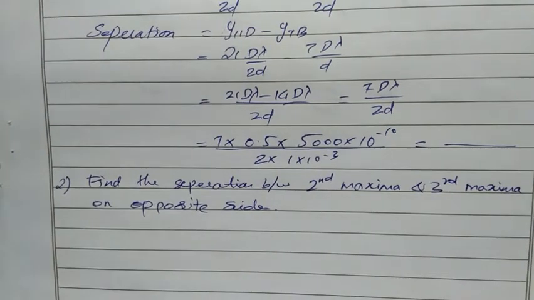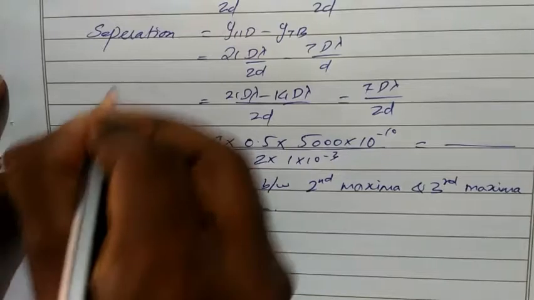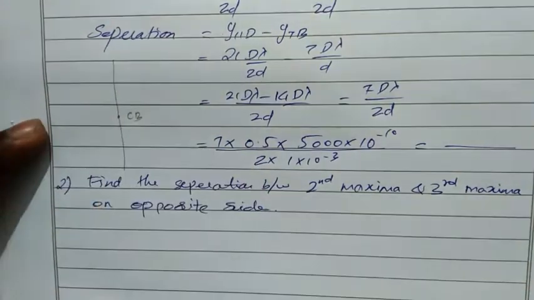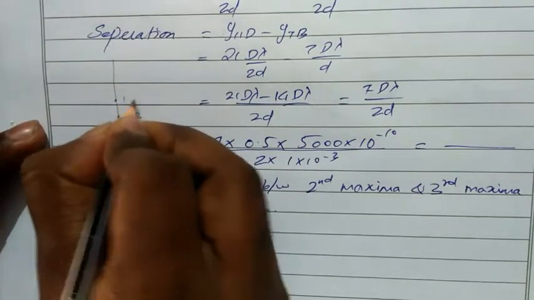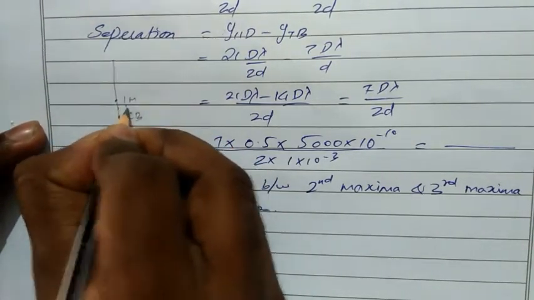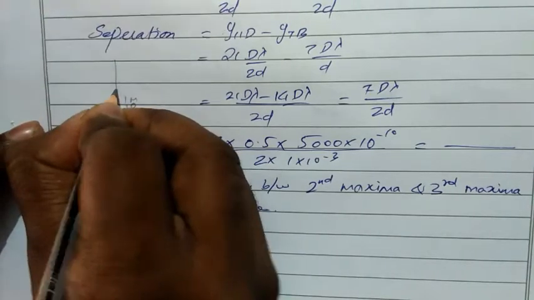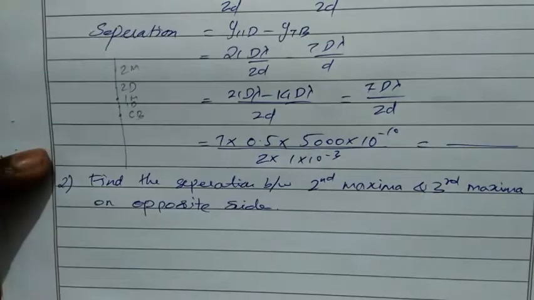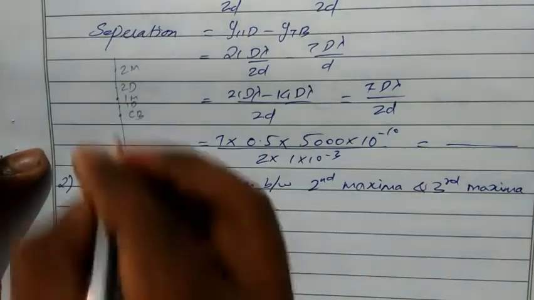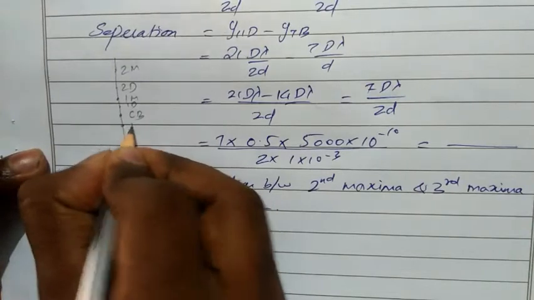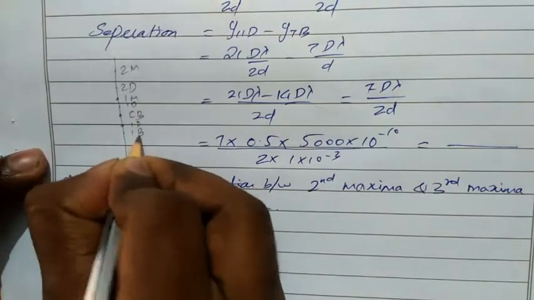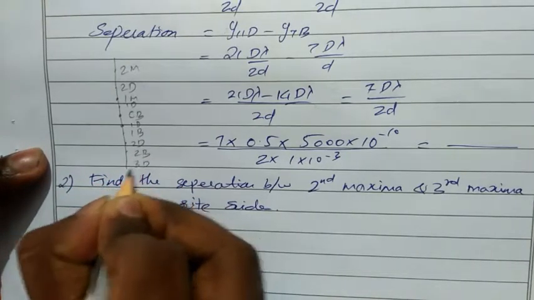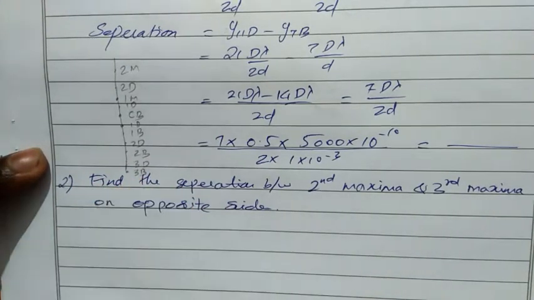So we have a diagram somewhat like this. This is the central bright, then first maxima. Here we have first dark, first maxima, second dark, second maxima. Then on the other side, first dark, first bright, second dark, second bright, third dark, third bright.